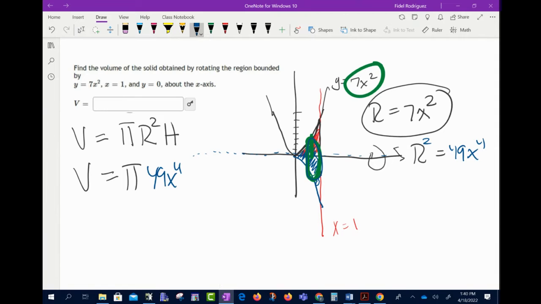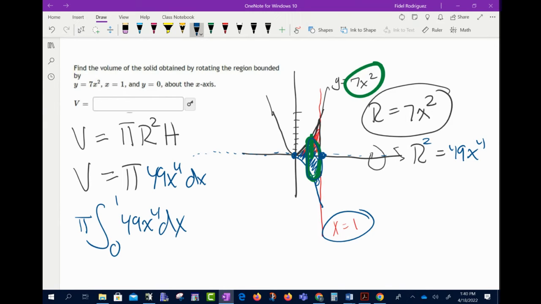Now, the thickness of that circle, y'all, is that infinitesimally small thickness of dx. So we're now going to integrate from this point here to that point there. So this is from 0 to what number? To 1. So from 0 to 1, I'm going to leave the pi outside of 49x to the fourth dx.